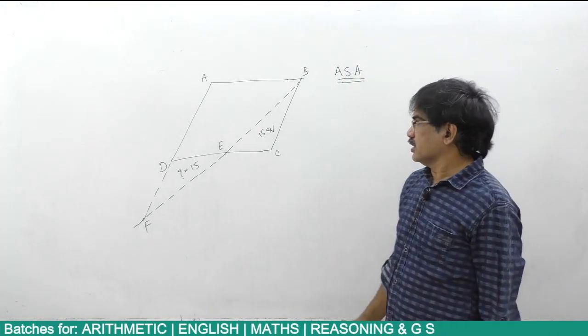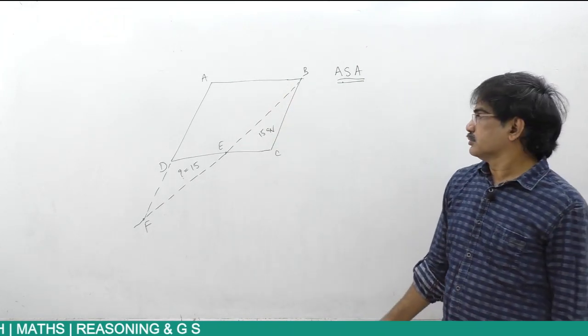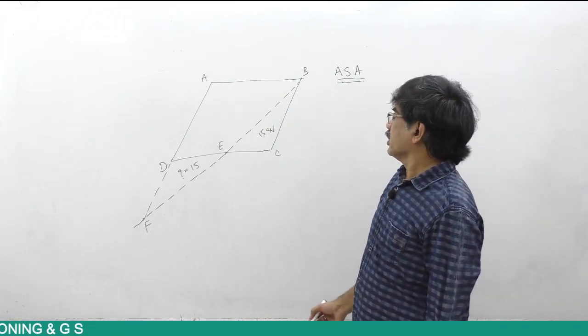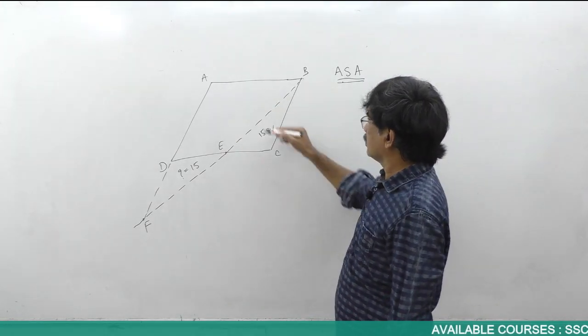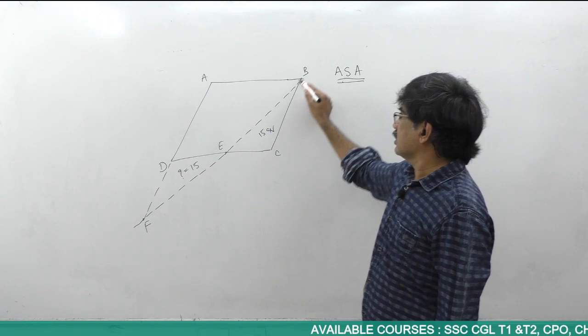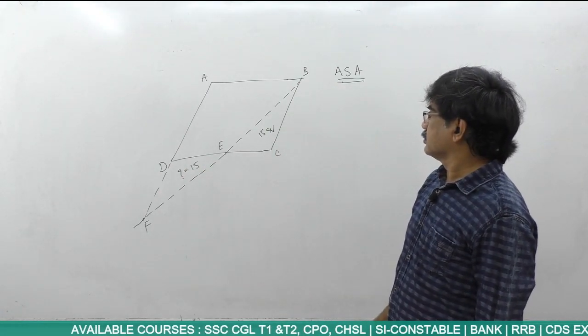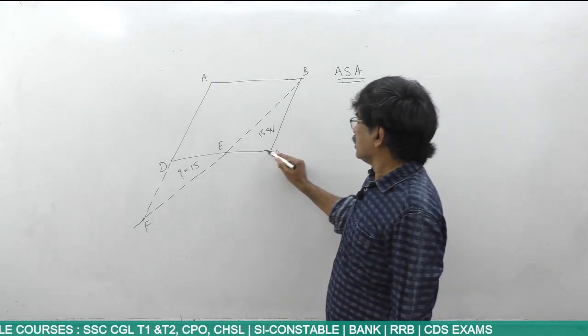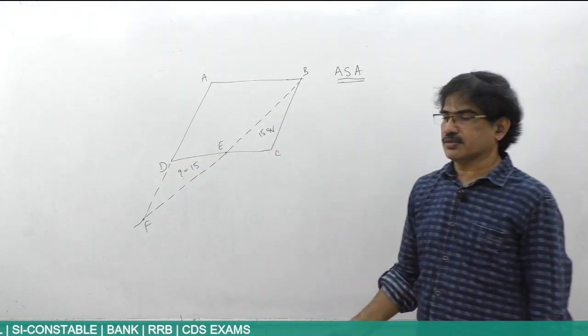Why? See here, this is a parallelogram. These two lines are parallel lines. Consider this as a transversal. This is also a transversal.